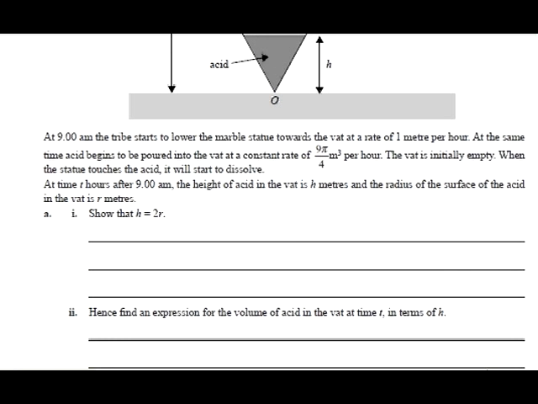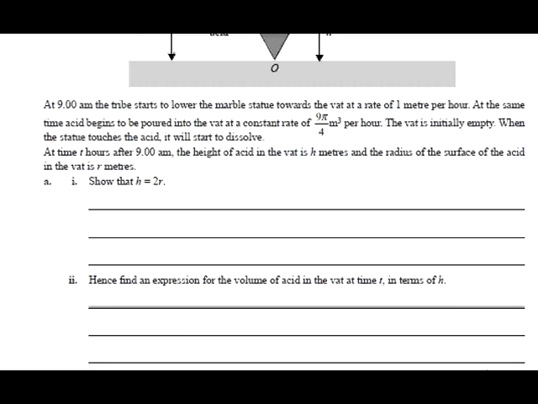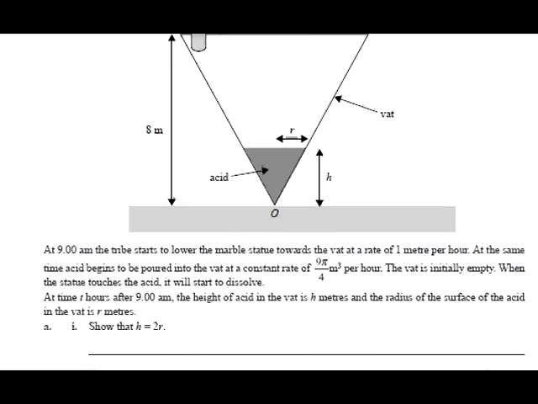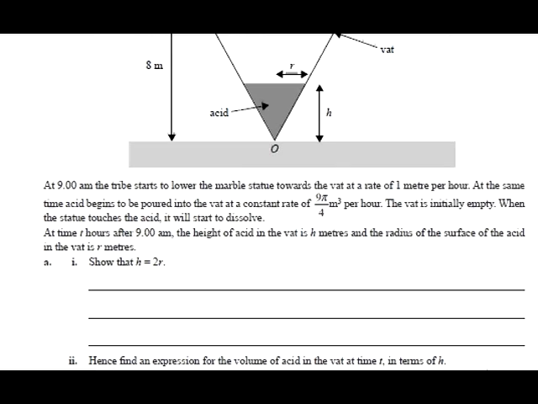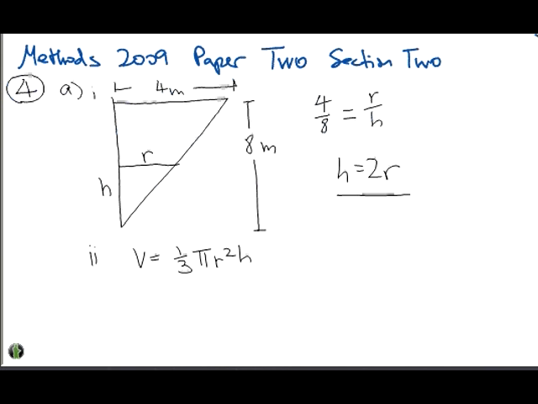Part 2 says, find an expression for the volume of acid in the vat at time t in terms of H. So maybe to start this, why don't you just find an expression for volume in the vat? Now this vat, it tells you that it is an inverted right circular cone.